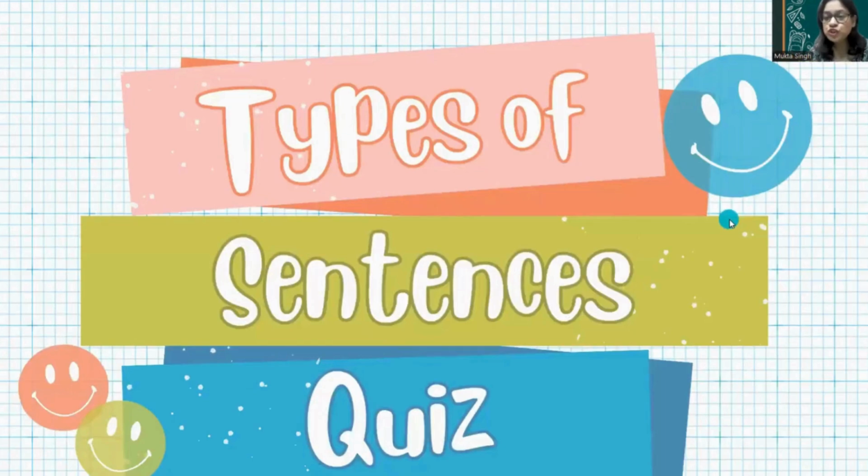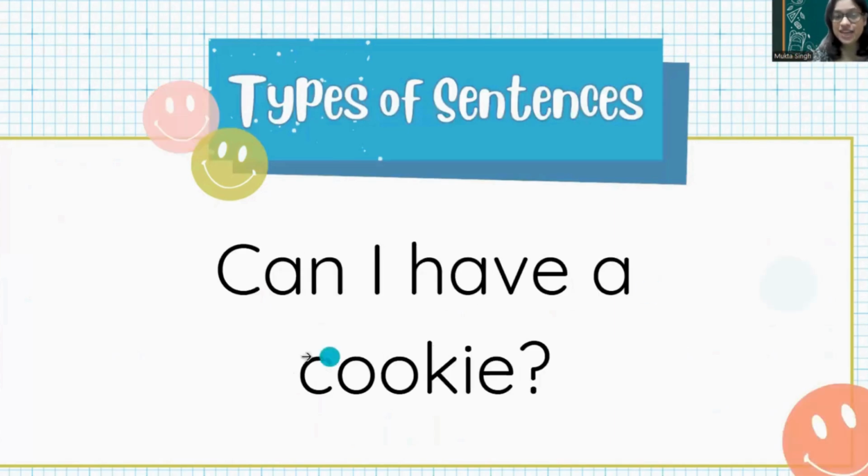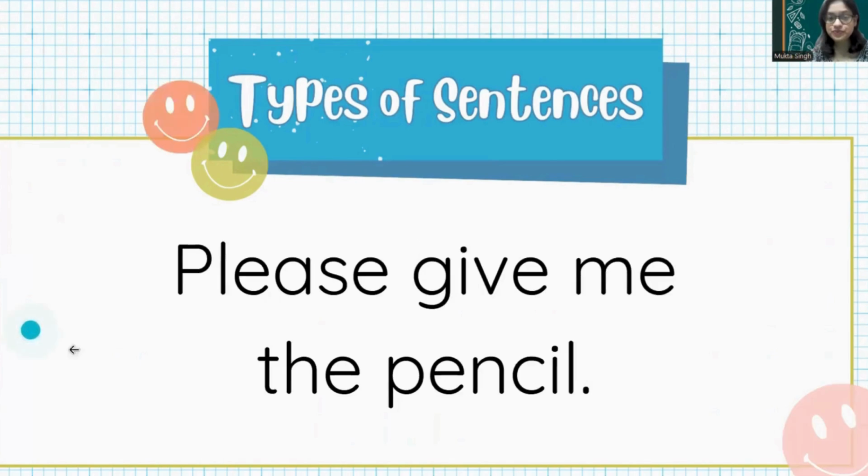Now let's move on to the next part of the quiz. And here you will read the sentence and tell me that what kind of sentence is this. All right. So the first sentence for you is, please give me the pencil. So think, what is this sentence telling us?